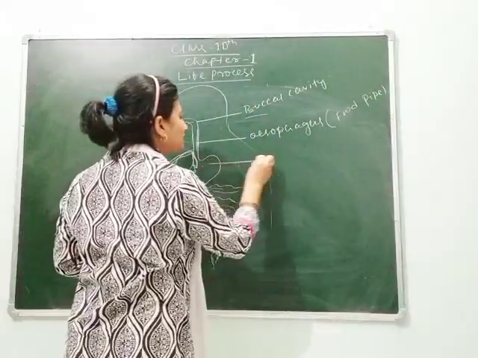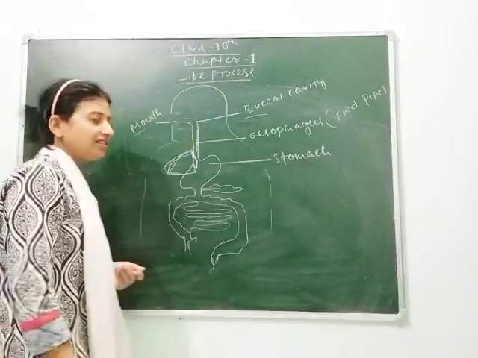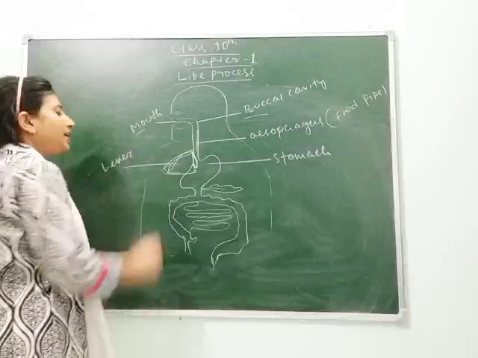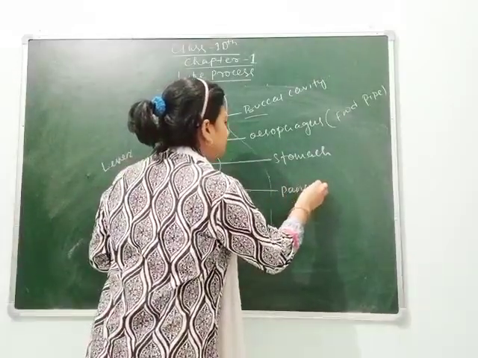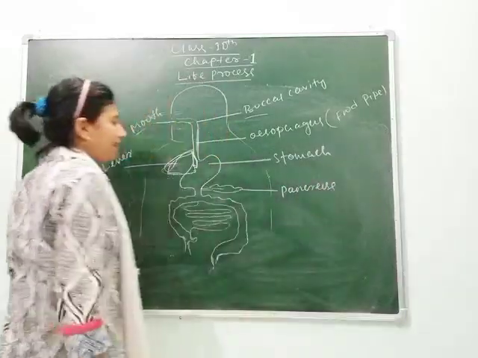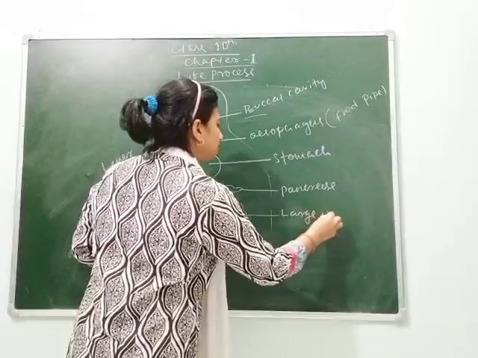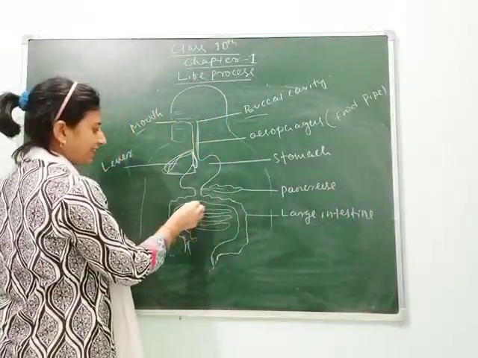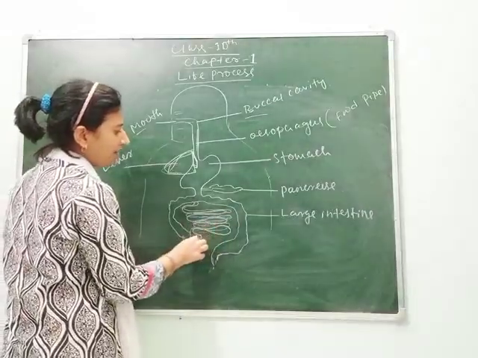Then next move towards the stomach. This part is stomach, and this is liver. This part is liver, and this is pancreas. Then this one is large intestine, and here in the diagram you can see I have made the small intestine.